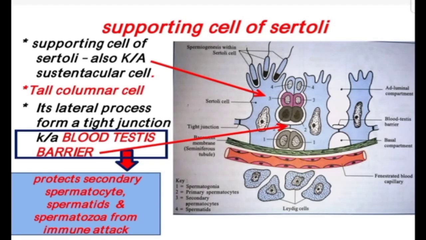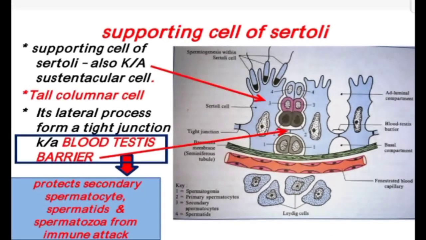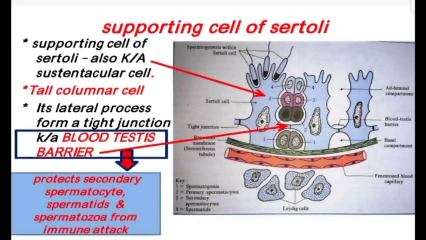So nature has provided the blood testis barrier, which prevents the blood from coming into contact with these cells produced by meiotic division. These cells are provided nourishment by the Sertoli cells.